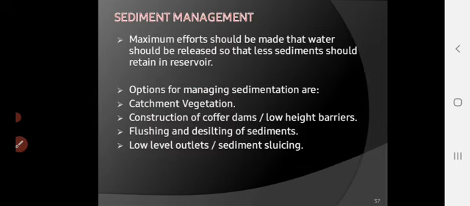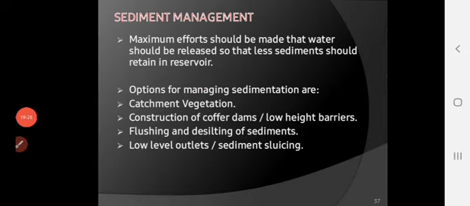So how will we manage or control this sedimentation? Maximum efforts should be made that water should be released so that less sediment is retained in the reservoir.